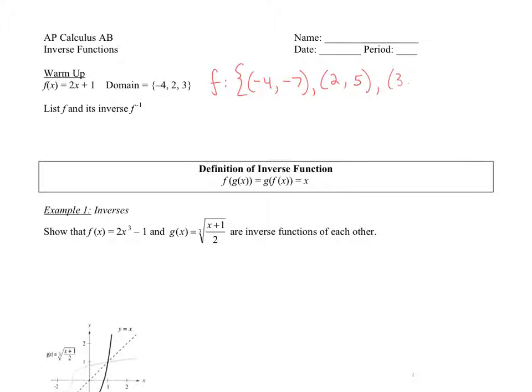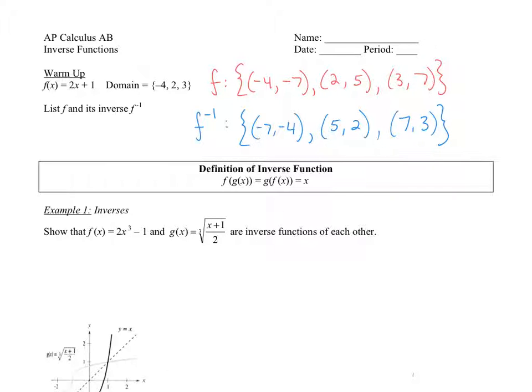And for 3, I get 7. Why am I writing this all out? Because it makes it a lot easier when I have to write the inverse. The inverse is just switching your x and y, correct? So if I already have the coordinates, I can just swap them, y comma x, and I would get my inverse function. Okay, and we'll go over what this looks like graphically in a minute.